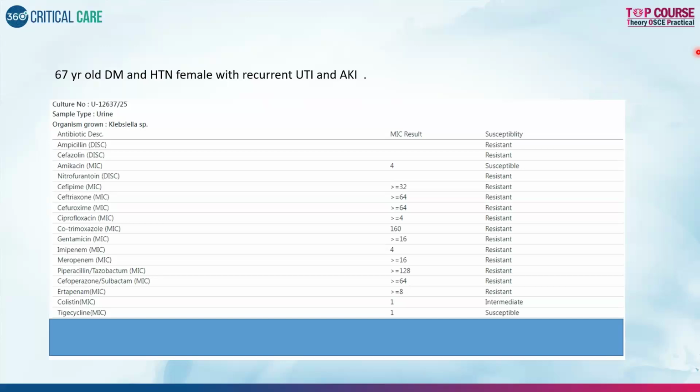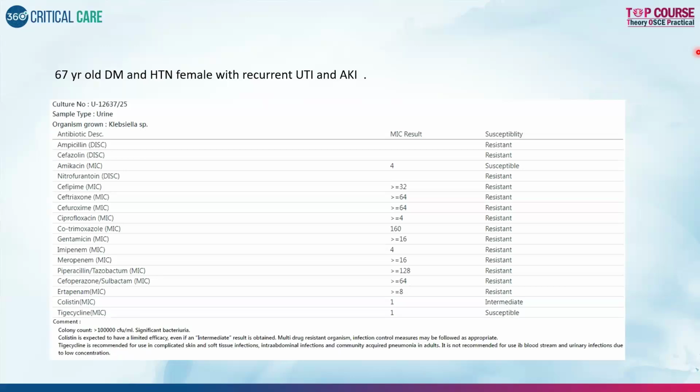And in this group, I would not choose tigecycline because it is ineffective in urinary sepsis. And my only choice as of now, while I'm waiting for a Carba assay, is to start him on a colistin based therapy, because colistin has better drug activity in UTI. Okay. So this is basically how I wanted you to answer.